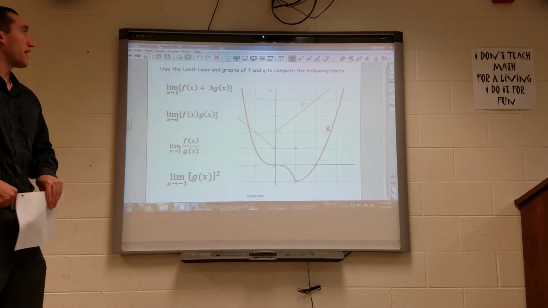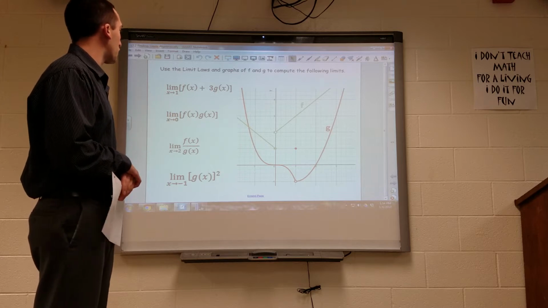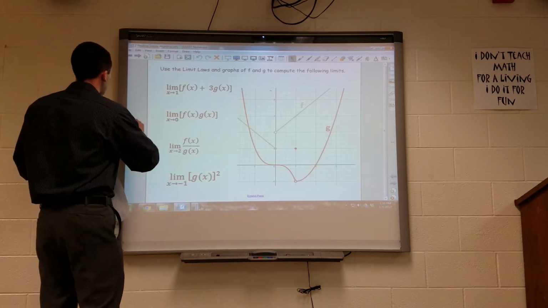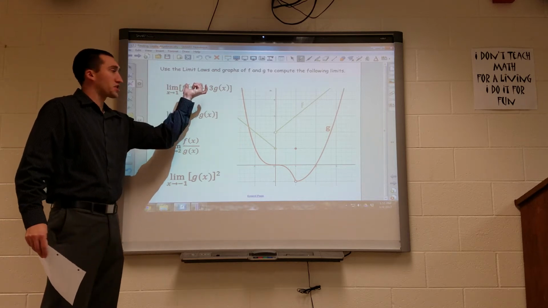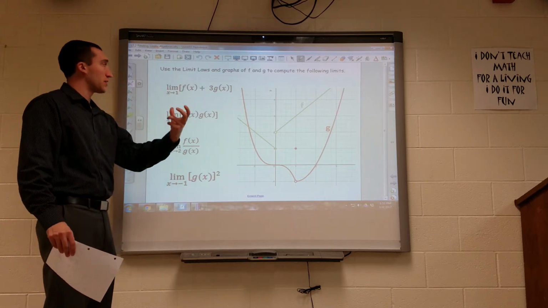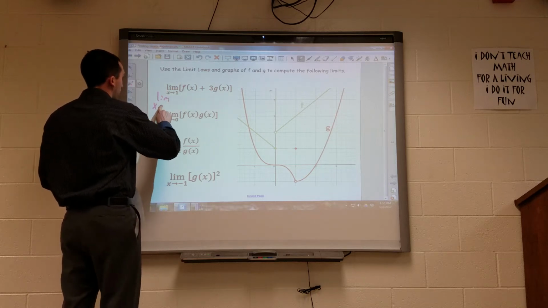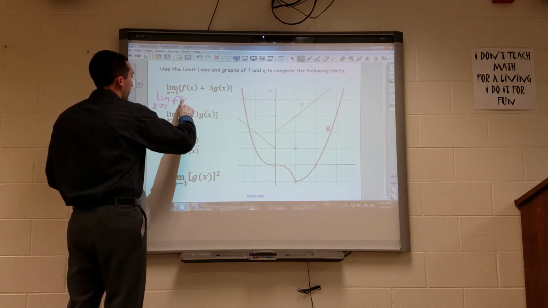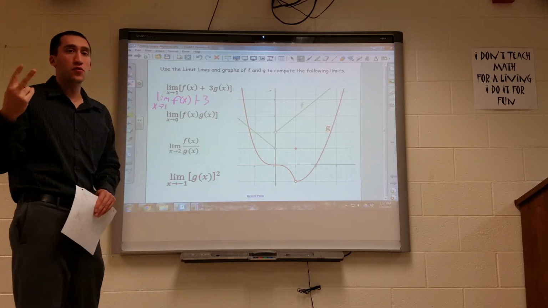Okay, so first we have graphs f and g, and they want us to compute these couple limits. I have an addition inside my limit. Using my limit laws, I'm allowed to break that up. So I get the limit as x approaches 1 of f of x plus 3 times... So I'm using 2 rules here.